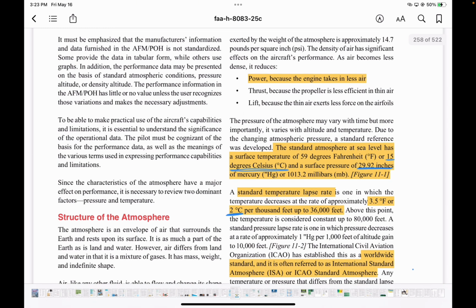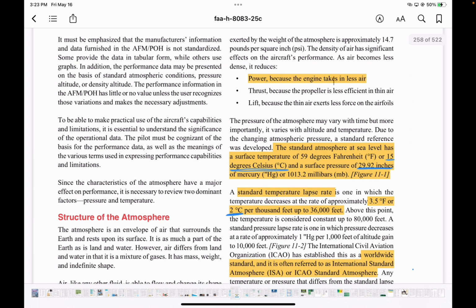Why do we care about the density? That's because the density affects our airplane's performance. So, as the air becomes less dense, it reduces the airplane's performance. It affects mainly three things. So, it affects the power.